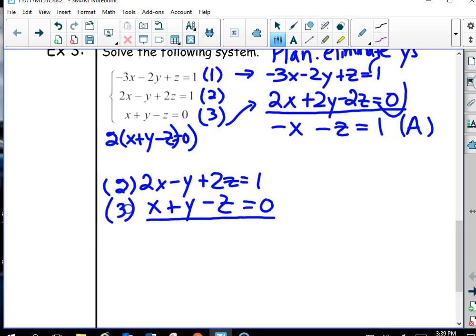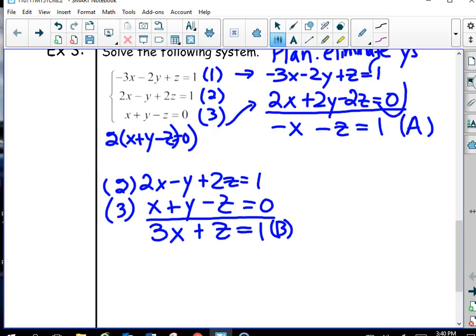Now I'm labeling what I'm doing so it's clear to you, but I'm also labeling it so it's clear to me that I've worked with all three equations. When I get down to equation A and equation B, I'm going to get out of this 3x, my y's go away, and plus z equals 1. Okay, so I'm going to call that equation B.